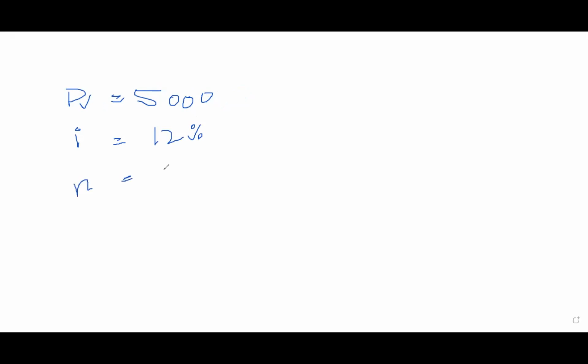N is unknown. We need to find out the time period. And for future value, we at least have three of the values. What is the future value? Double of this 5,000. That would be 10,000.